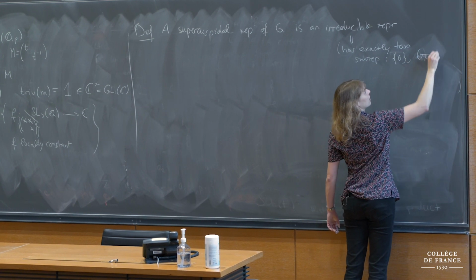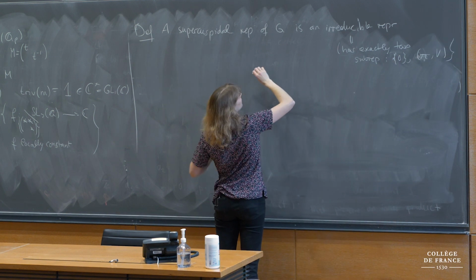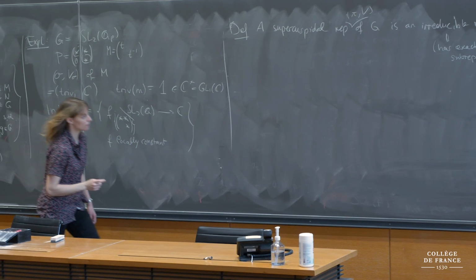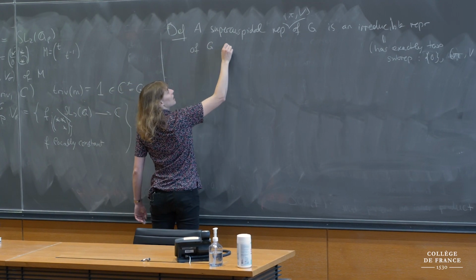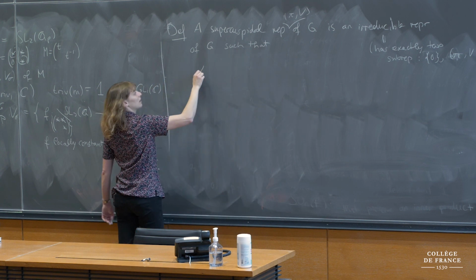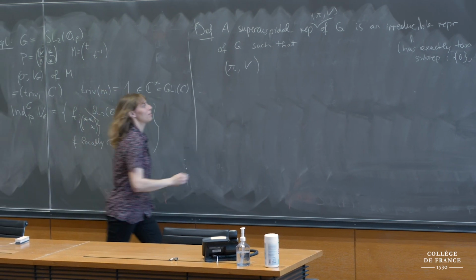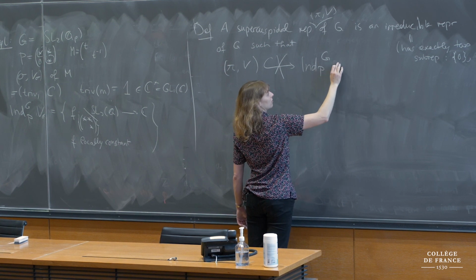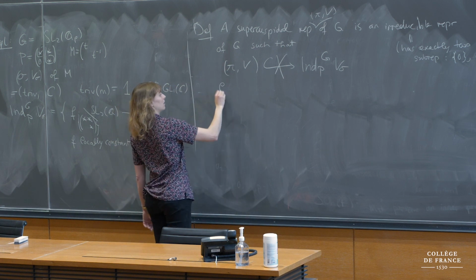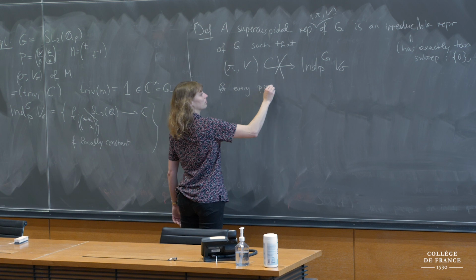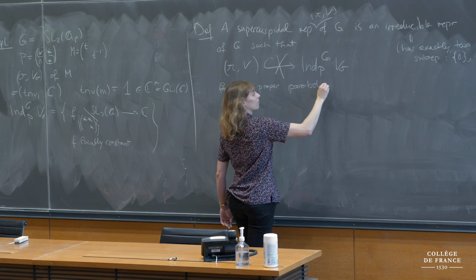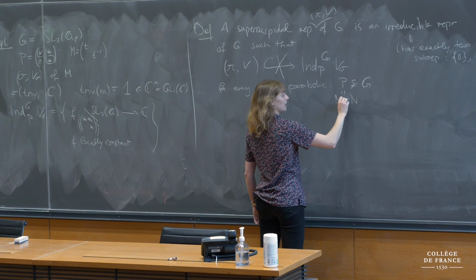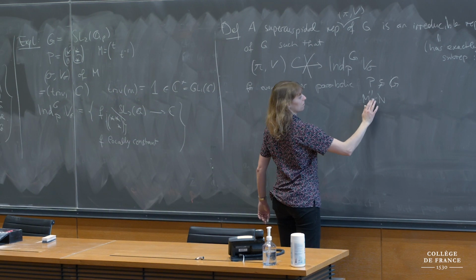Let's call this pi v. And let's give this a name: a supercuspal representation pi v of G is an irreducible representation of G such that this representation pi v does not embed into a parabolic induction of some other representation, for every proper parabolic subgroup inside our group G. And we can write this again as a semi-direct product.